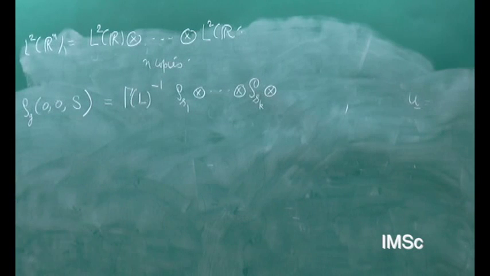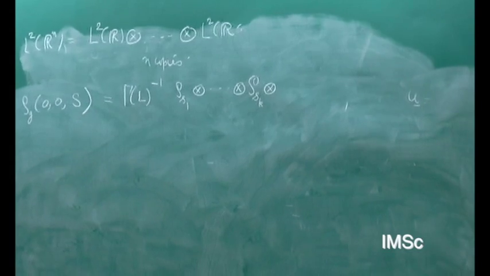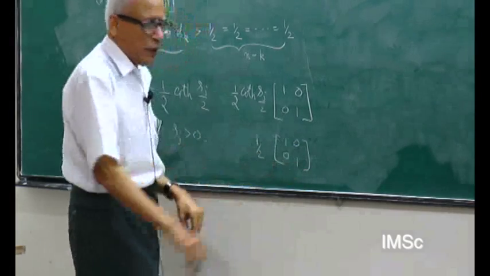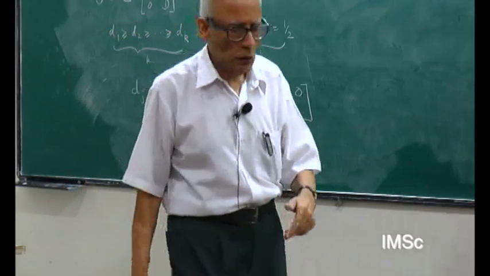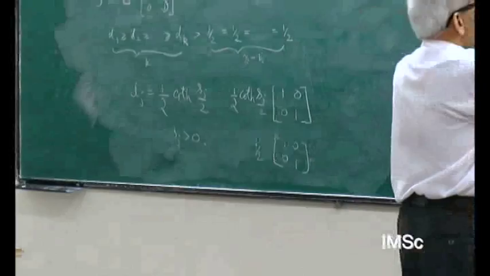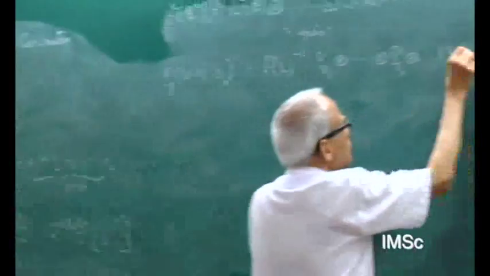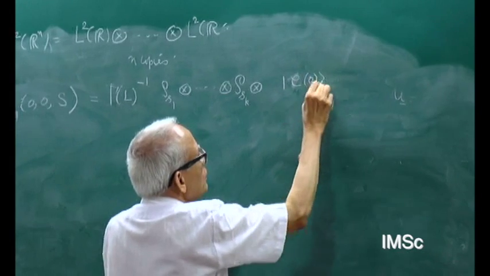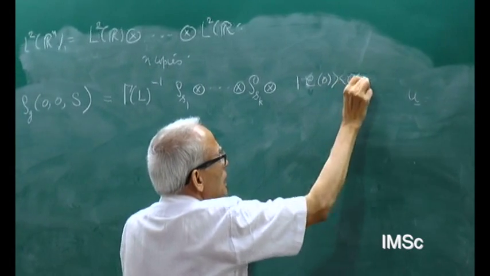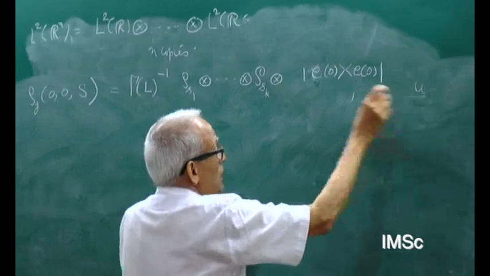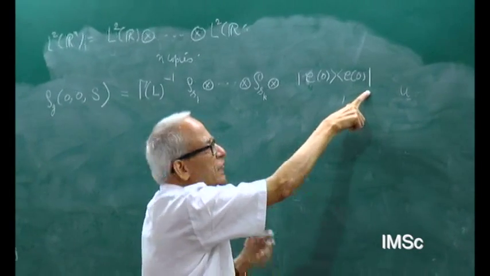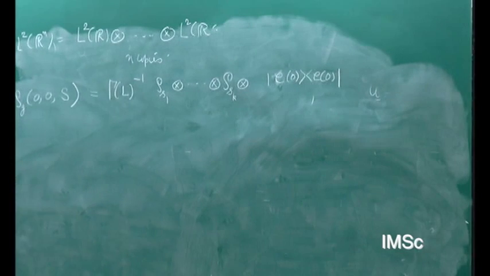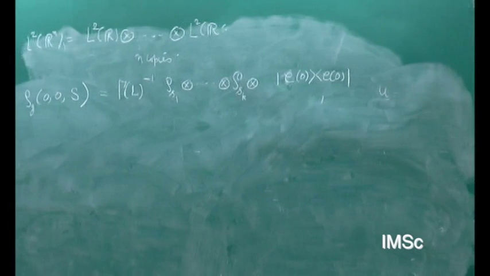But now I consider the covariance matrix half of [1 0; 0 1], but that is nothing but the pure state psi 0, which is also E0. This is a Gaussian, this is a coherent state. So this is a Gaussian state with mean 0 and this covariance matrix.